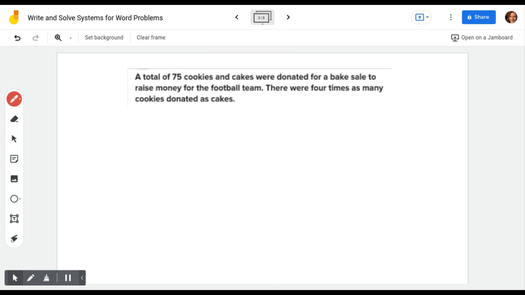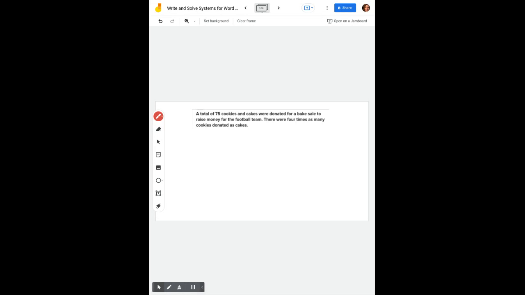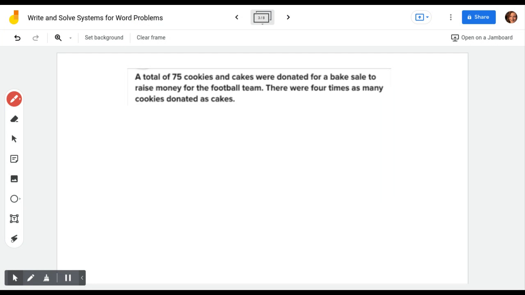Okay. First example: a total of 75 cookies and cakes were donated for a bake sale to raise money for the football team. Okay, we're going to pause right there because we have enough to make that first equation. I'm going to pick two variables. Usually I would use just the first letter of each word, but cookies and cakes, that C isn't going to help.